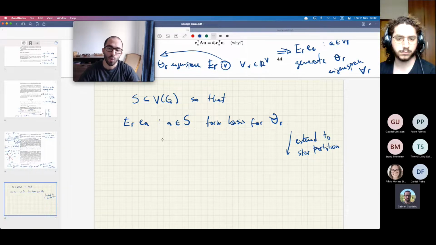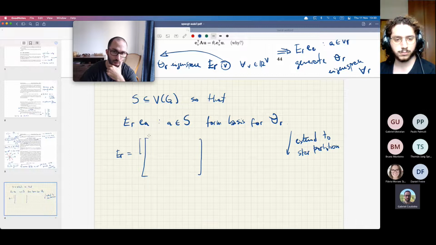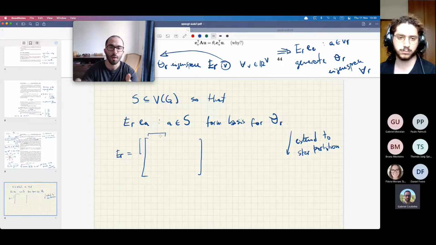So how does this work? Look at the E sub R matrix. Look at the block that corresponds to this S. Say these are the first, but it could be any block in the matrix, and of course it doesn't need to be a continuous set of columns.